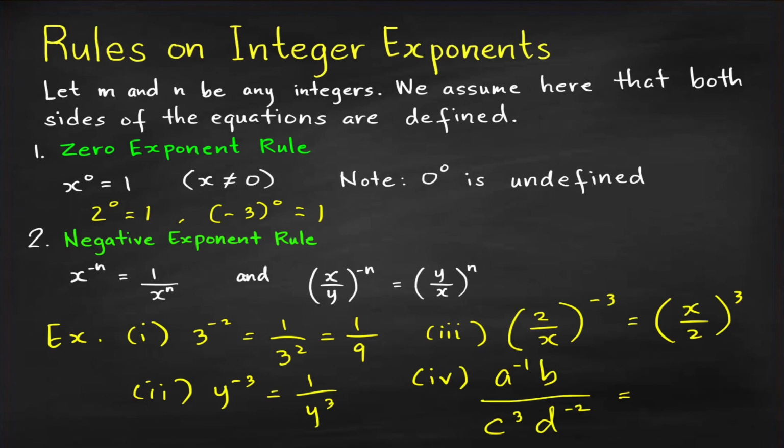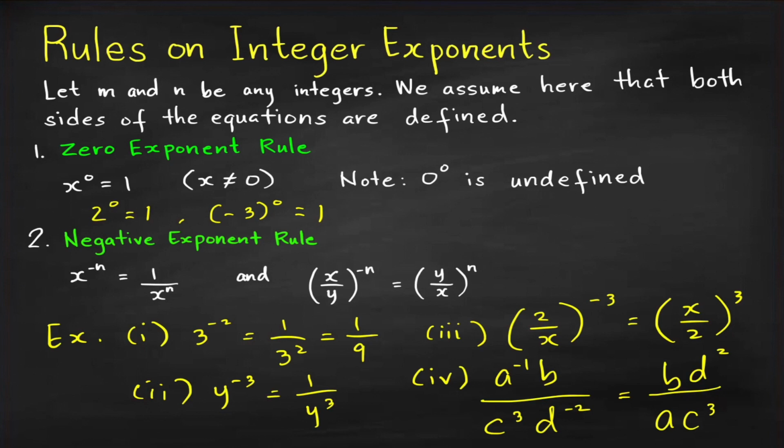So if you want to make the power of a positive, then we have to move it to the denominator. It will give us a and then c cubed. And since the power of d is negative, to make that positive, we have to move it to the numerator. So it becomes b times d squared all over a c cubed.